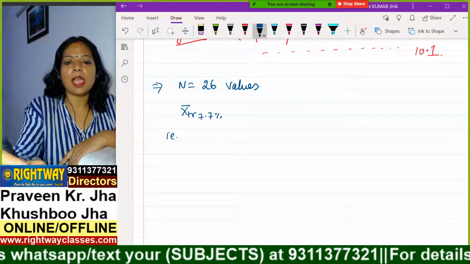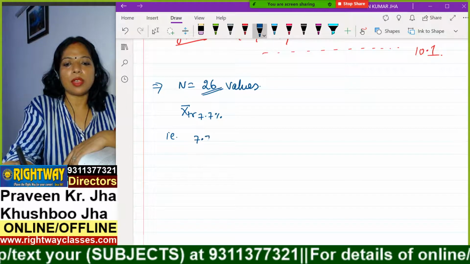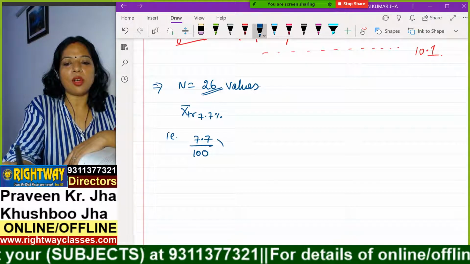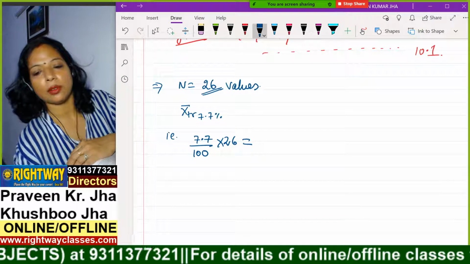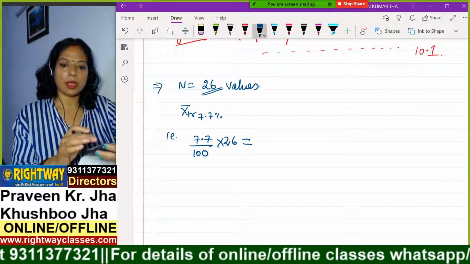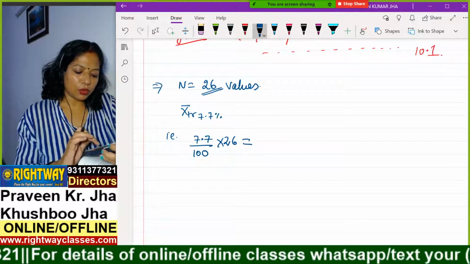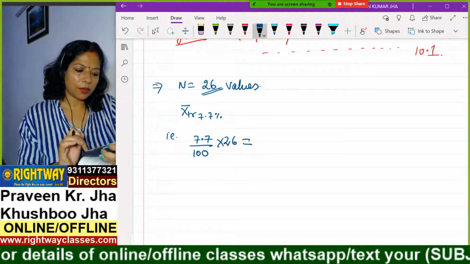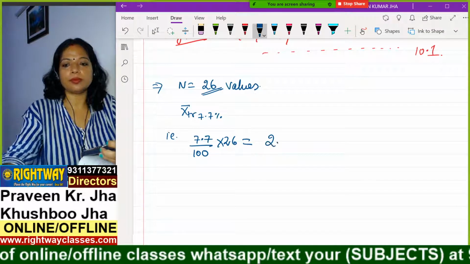So see here, how many observations are there? 26. So 7.7% of 26 will be how much? You just calculate with the calculator. I have got my calculator. 7.7 into 26 and then dividing by 100, it's coming to be 2.